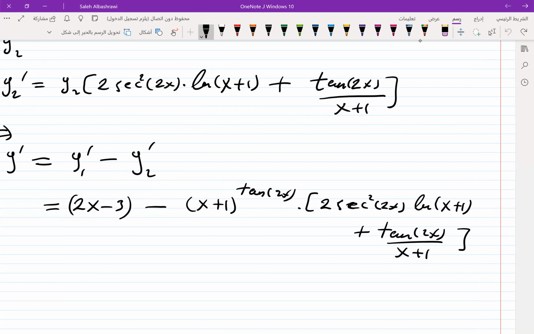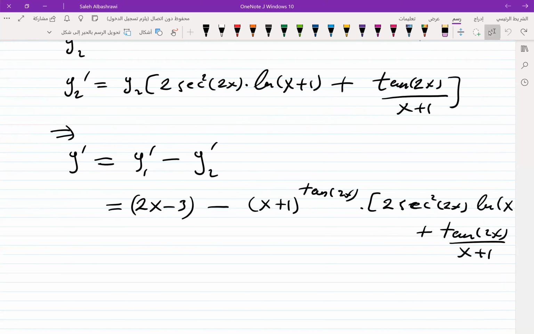So this is the derivative of the given function. What we did is separate the two terms, find the derivative for each one of them, and then write them back again. So y prime is y1 prime minus y2 prime. Just rewrite the derivatives in this equation, and that's it. This will give you the derivative.